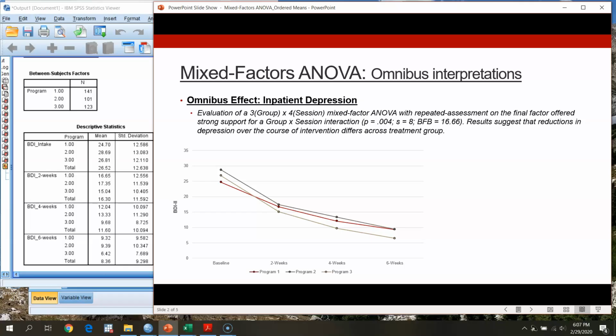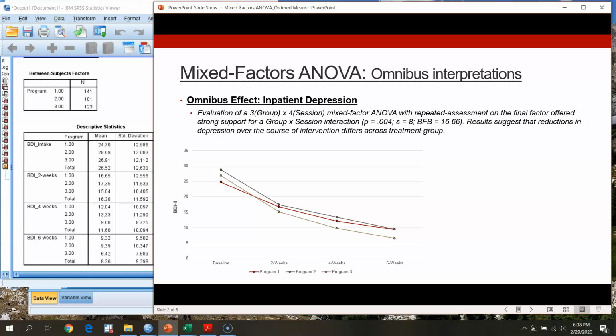So one thing we might want to do is see, from baseline, where people start, to 6 weeks, where they end, pre to post, the within subject change within each treatment group. And the question here is, do we have evidence of greater reductions in one group versus another group? We can treat these as a priori, and we can say, okay, we expect people to improve for each one of these.